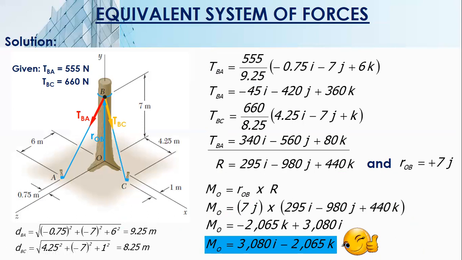So to avoid difficulty, it is better to resolve the force into x and y components, so that the perpendicular distance is either horizontal or vertical. But if you want a challenge and solve for the perpendicular distance directly, there's no problem with that. The result is the same.